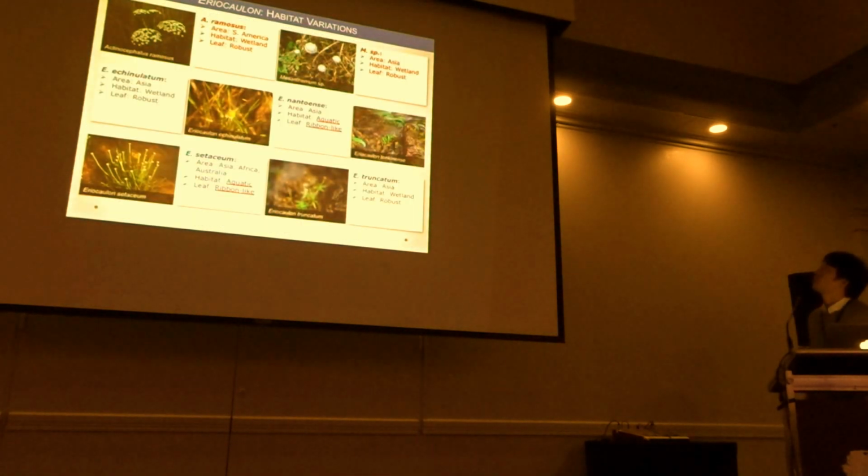The next question is habitat variation. As you can see here, most of the species of Eriocaulaceae have this kind of wetland form, and the leaves are robust.